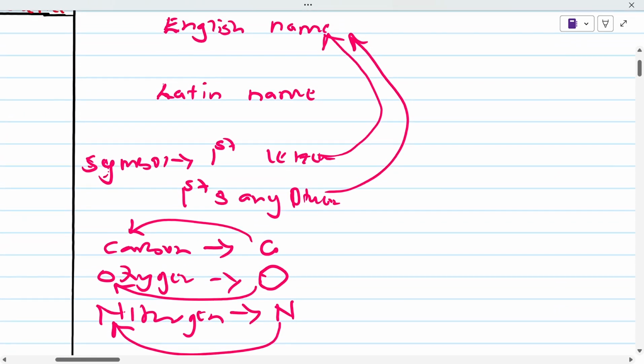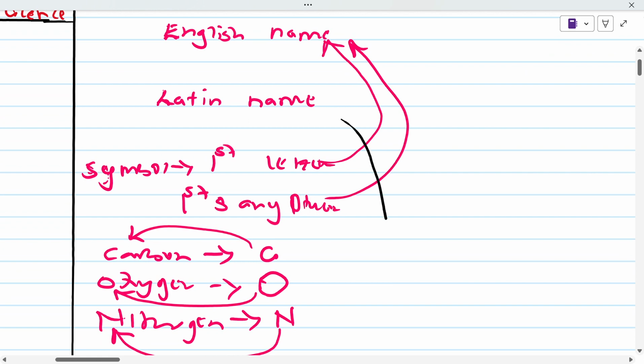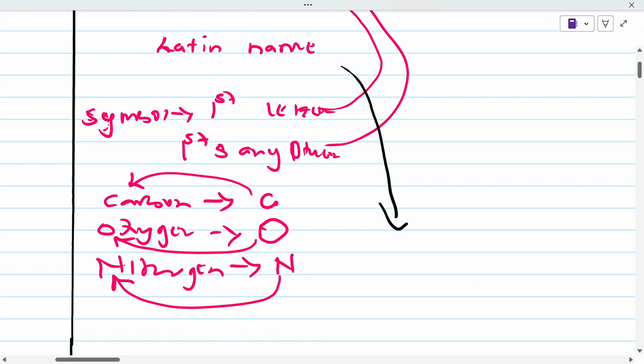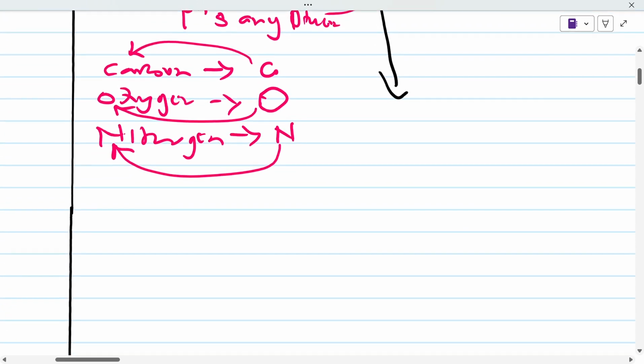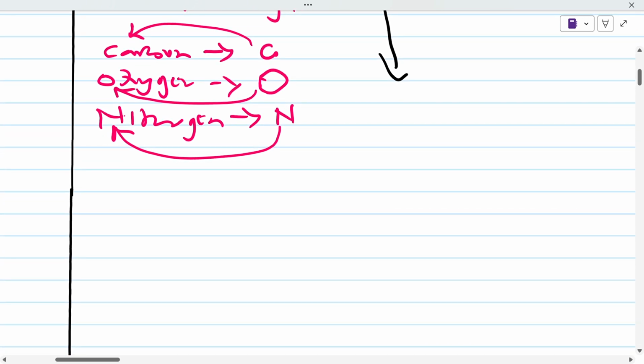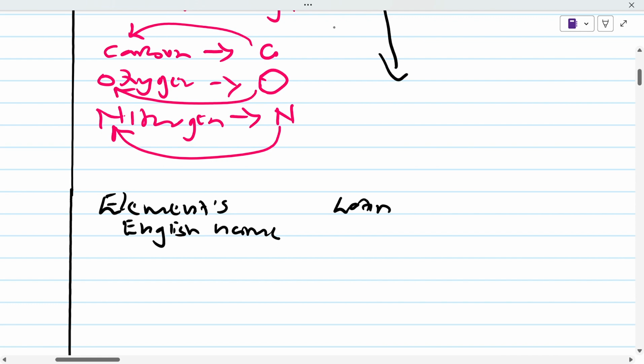So as far as Latin names are concerned, certain elements have their Latin names. So I'm going to discuss an element, English name, its Latin name, and how the symbol was derived.